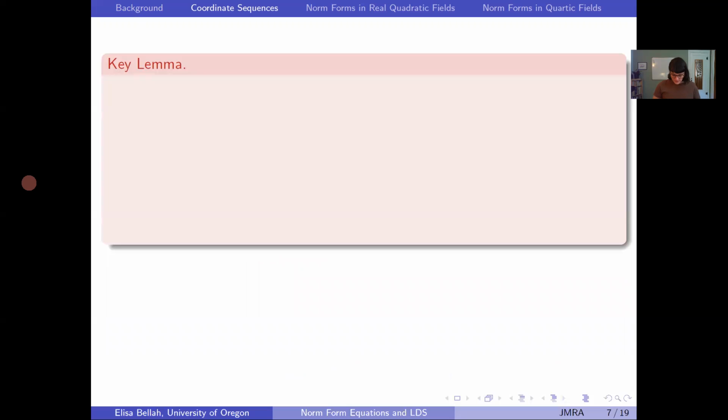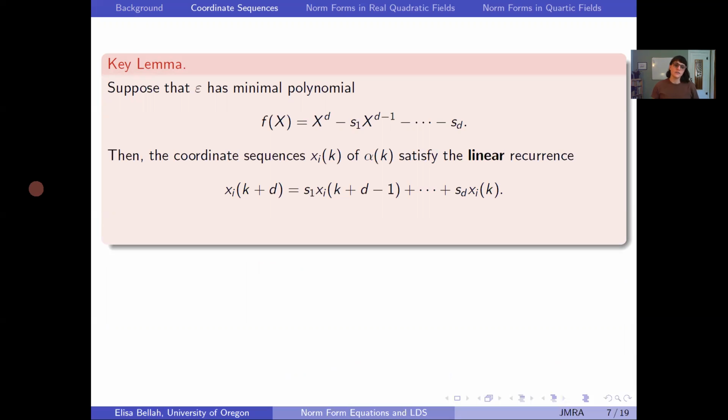So what we can say in general is if you have some unit with minimal polynomial of this form, then the coordinate sequences of alpha k from the previous slide satisfy this linear recurrence, where the recurrence relation can be read off if you know the coefficients of the minimal polynomial of your unit.